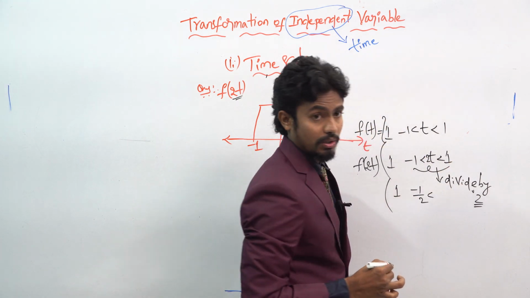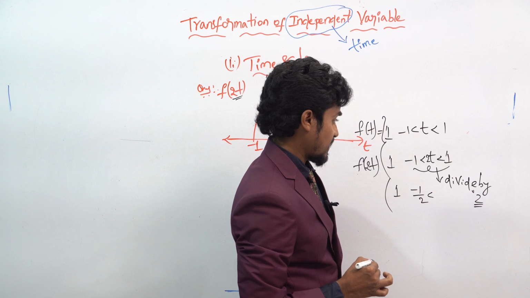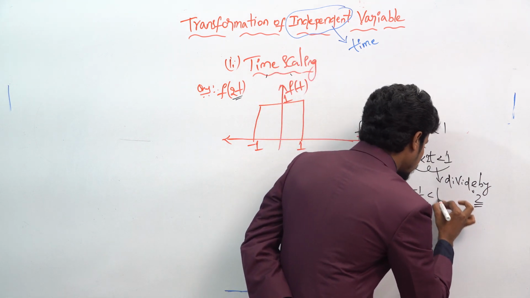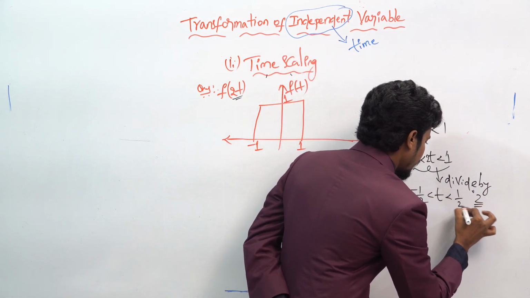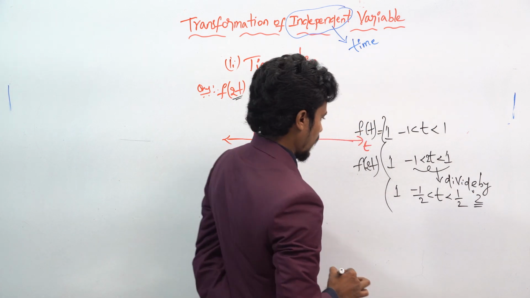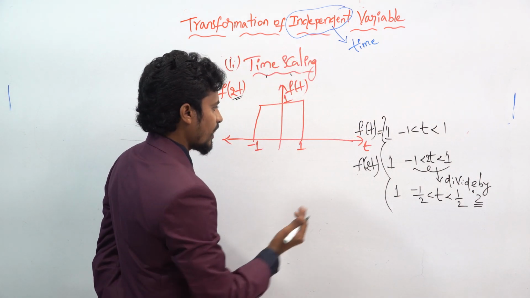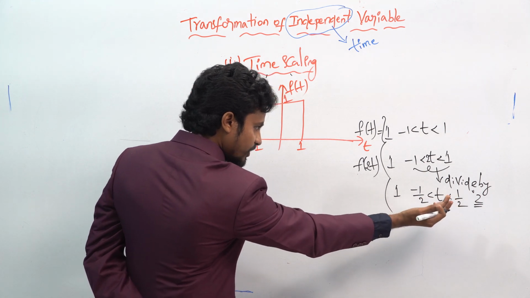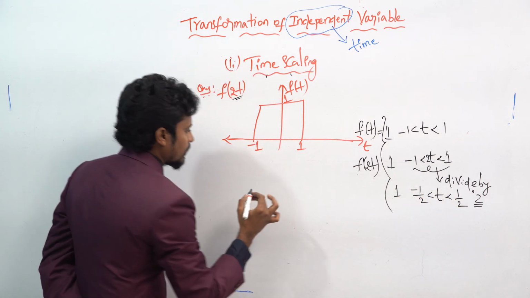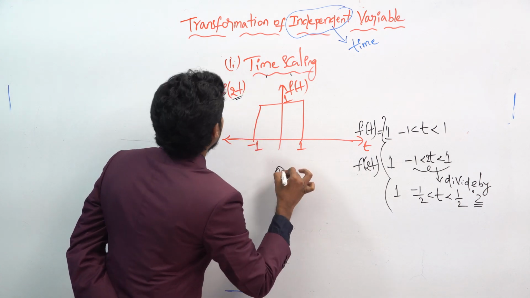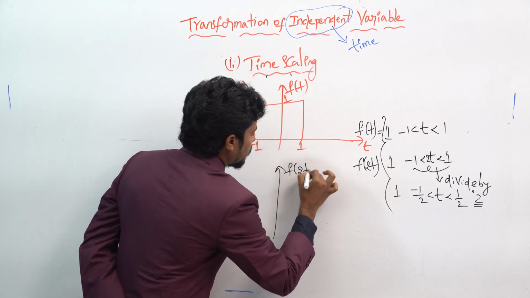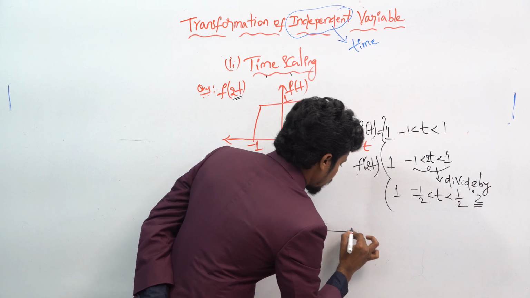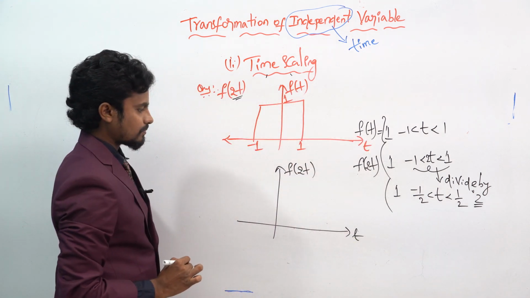Here 2 by 2 gets cancelled, that will be t, and here this will be 1 divided by 2. Now we have to represent t in between minus 1 divided by 2 to 1 divided by 2 in this plot. Here this will be f of 2t, and here this will be t.